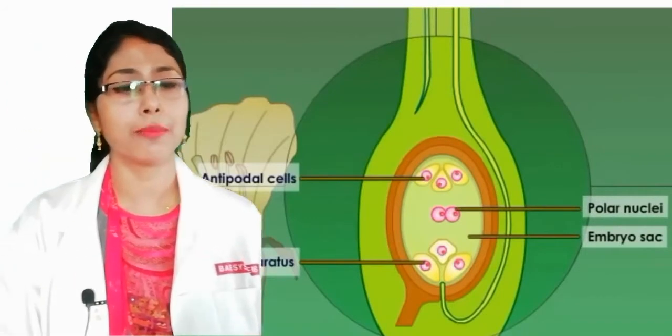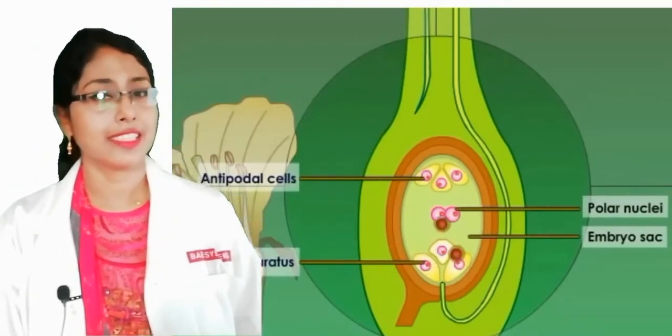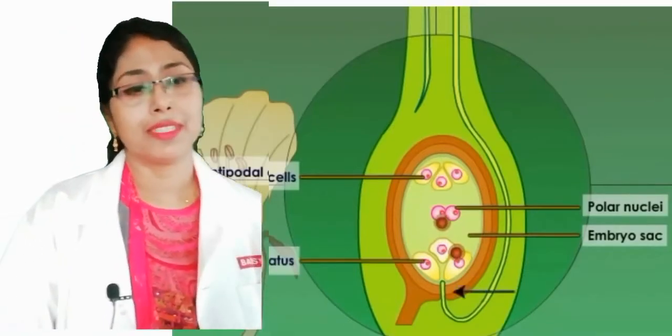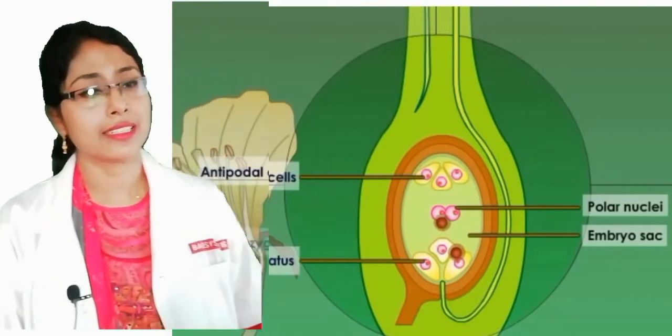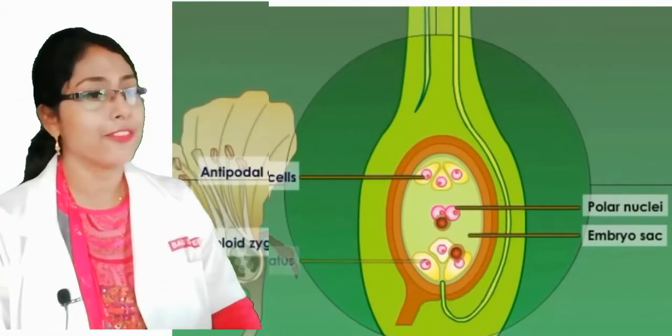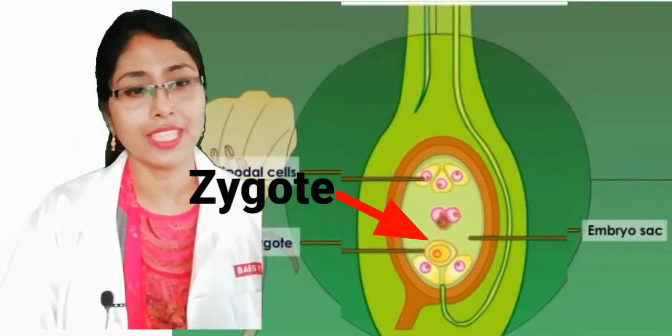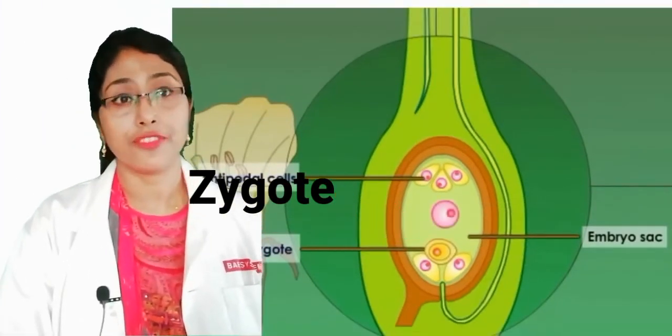The pollen tube penetrates the embryo sac between the egg and the synergid. The tip of the pollen tube bursts to liberate the two gametes near the egg cell. The first gamete fuses with the egg to form diploid zygote. This process is called fertilization.